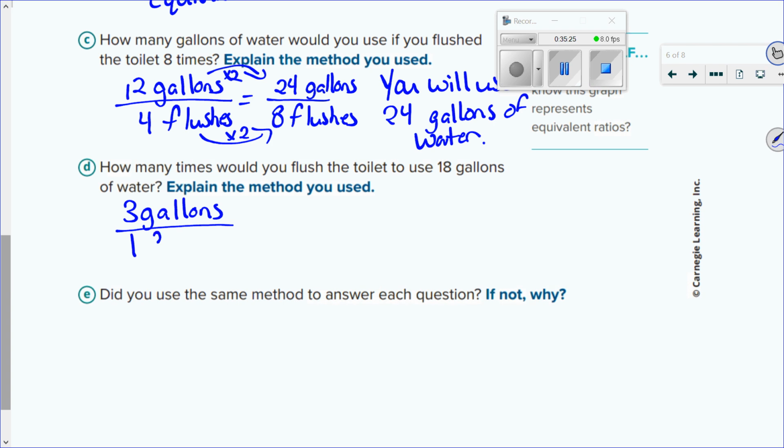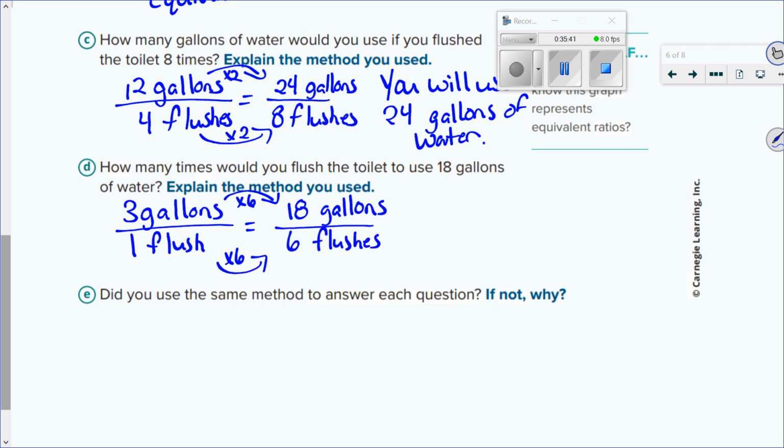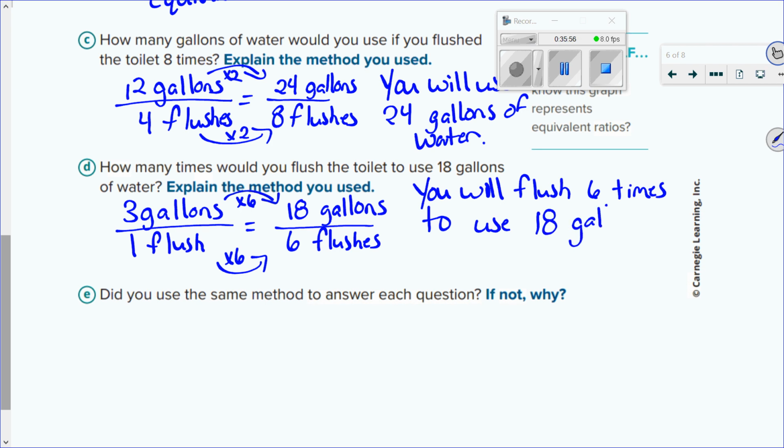Then I would just multiply by 6 for both the top and the bottom to get 18 gallons and 6 flushes. Good job. So you will flush the toilet 6 times. Any questions about that one?